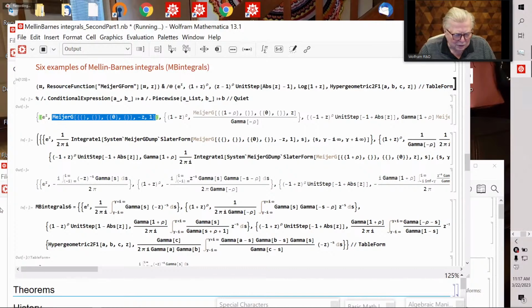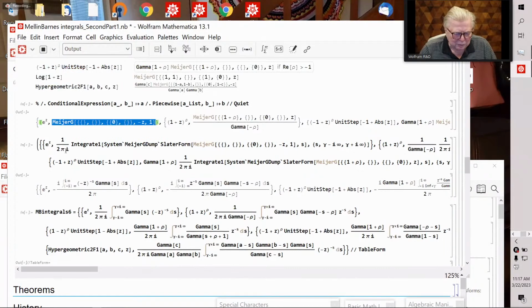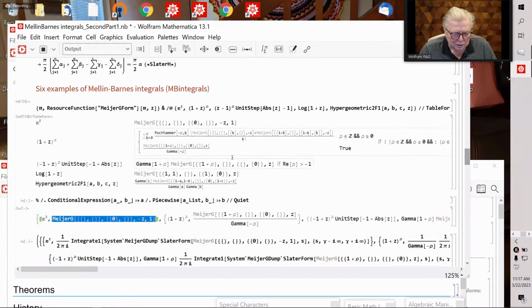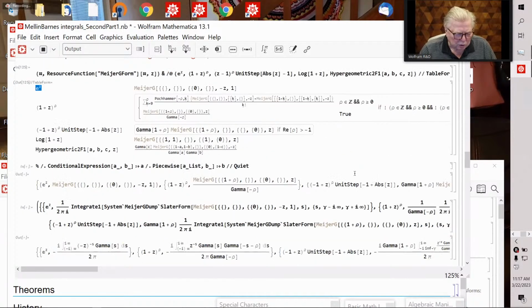And then we need to make a table form. Okay, made. So we have the function and then the MeijerG form, and the same here, functions and so on. You already saw this operation in my previous talk.